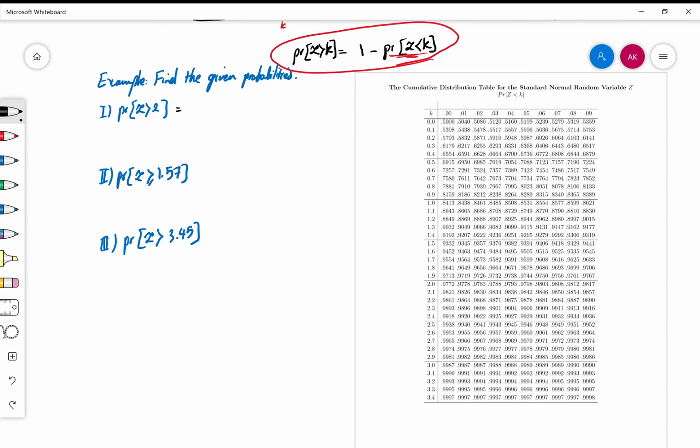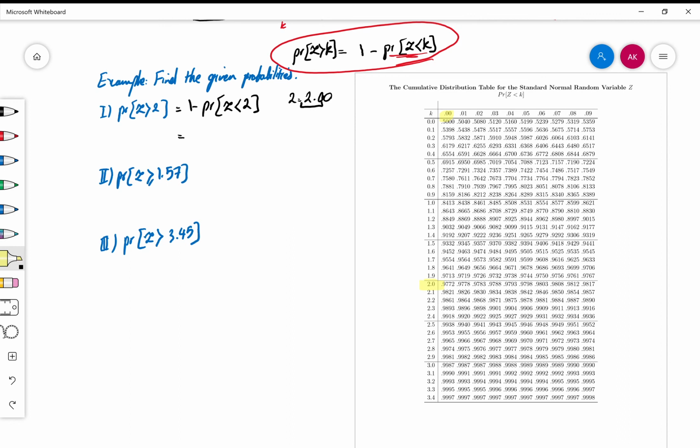Z is bigger than 2. I can write it as 1 minus the probability of Z less than 2. And then I can find the probability of Z less than 2 from the table. Remember that 2 is the same as 2.00. So I need to find 2.0 and then 0.00.